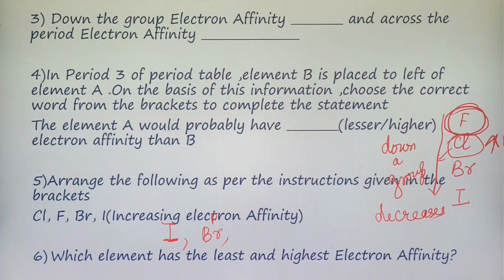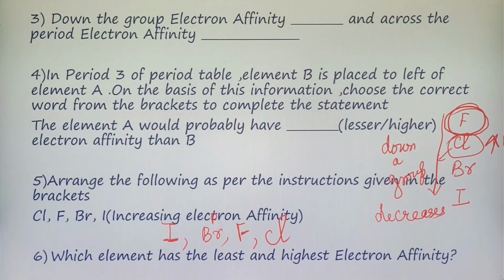What is the exception here? Though chlorine is coming down, and it should have actually decreased, electron affinity should have decreased. But because of the very, very small size of fluorine, fluorine has a little lesser electron affinity as compared to chlorine. So the correct order will be iodine, bromine, fluorine and then chlorine.